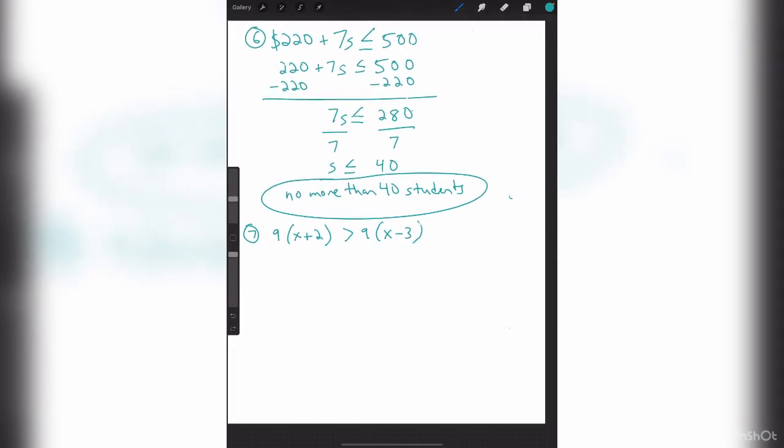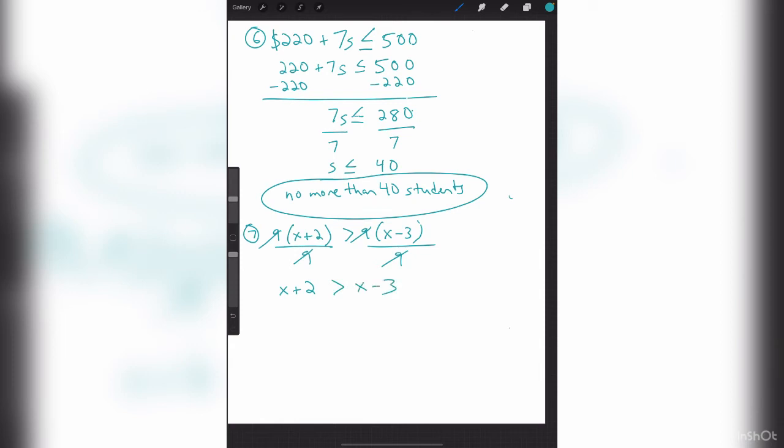And that would cancel the 9s out. And that leaves me x plus 2 is greater than x minus 3.